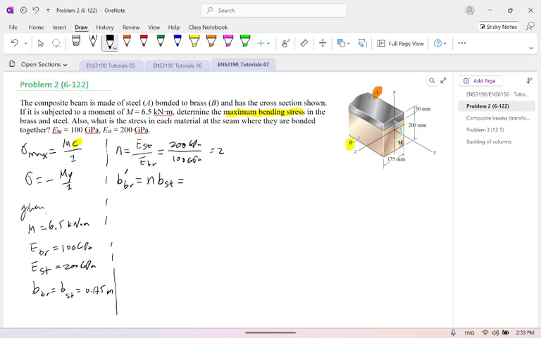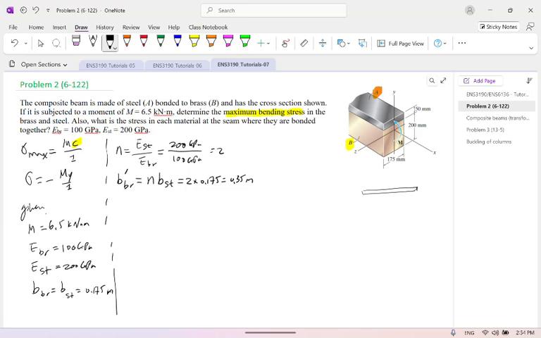So it means 2 times 0.175 equals 0.35 meter. So now we draw the dimensions. That's why here the steel 0.175 will become the bigger part.